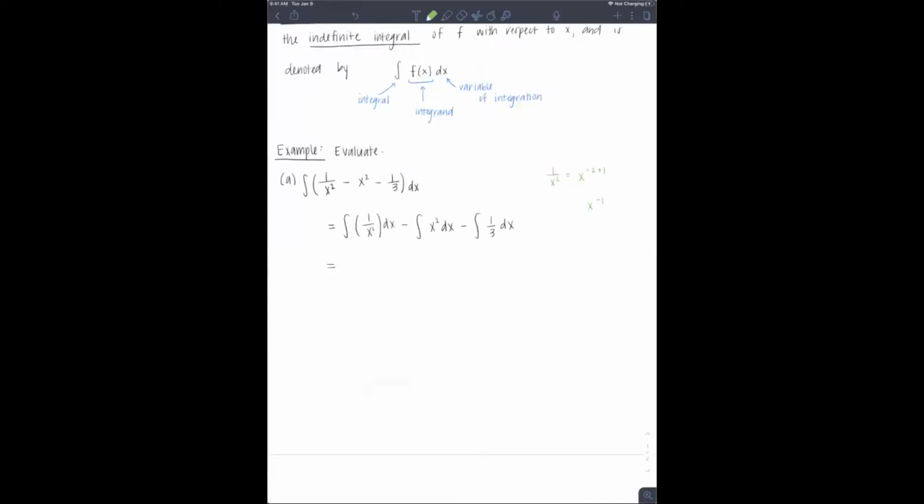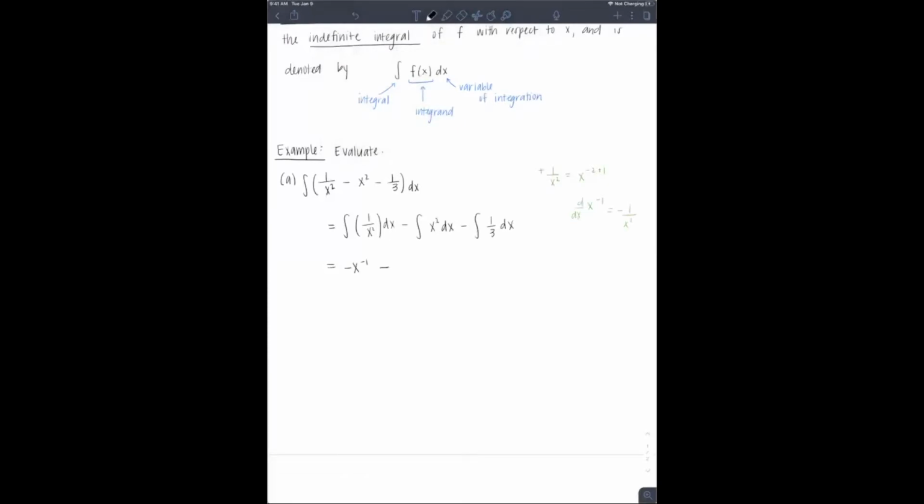And so should this be positive or negative? If I just take the derivative of this as is, I get -1 over x squared. So what do I need to make my antiderivative over here? Yeah, it needs to be negative.